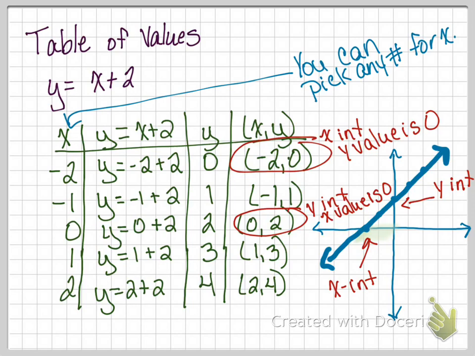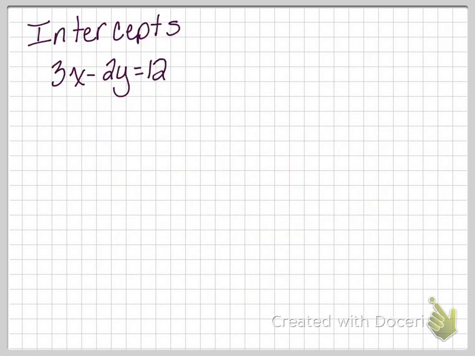Okay. So, now we are going to graph using intercepts. And we just talked about when I'm looking for my x-intercept, my y value is what? 0.